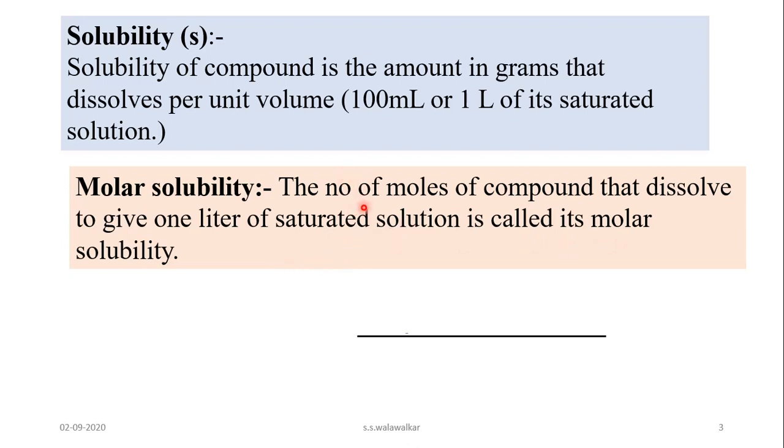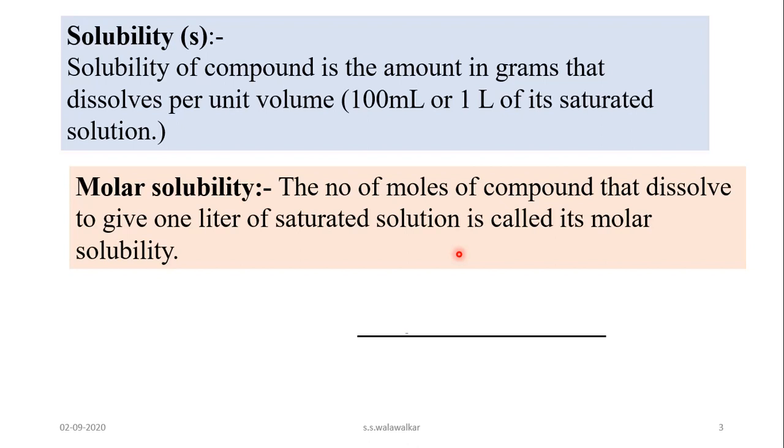Whenever the grams of a compound are converted into number of moles, you get molar solubility. And you know that number of moles is equal to mass of the solute divided by its molar mass.